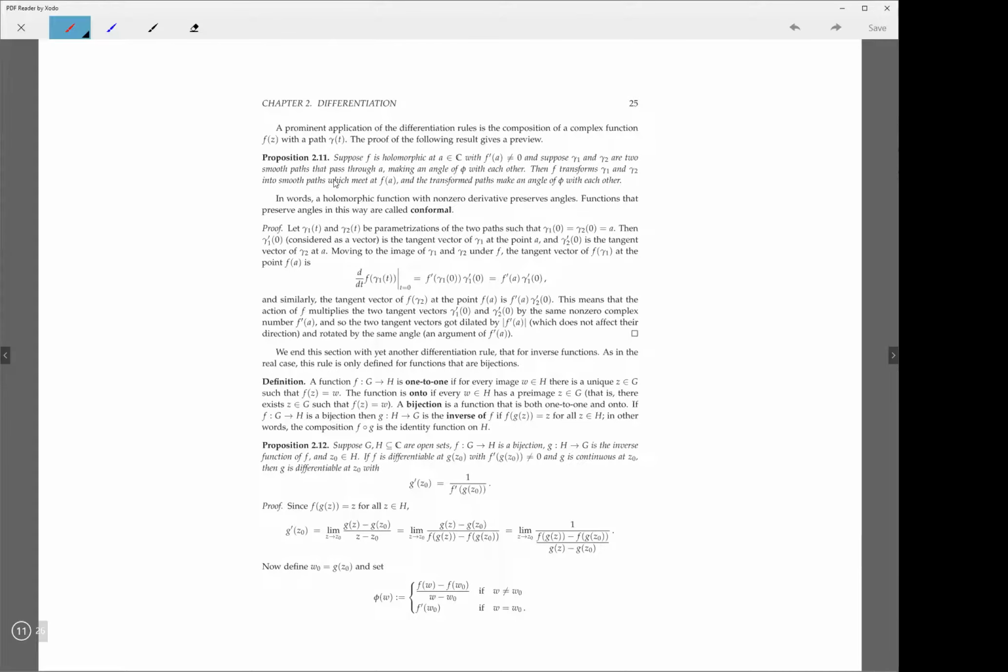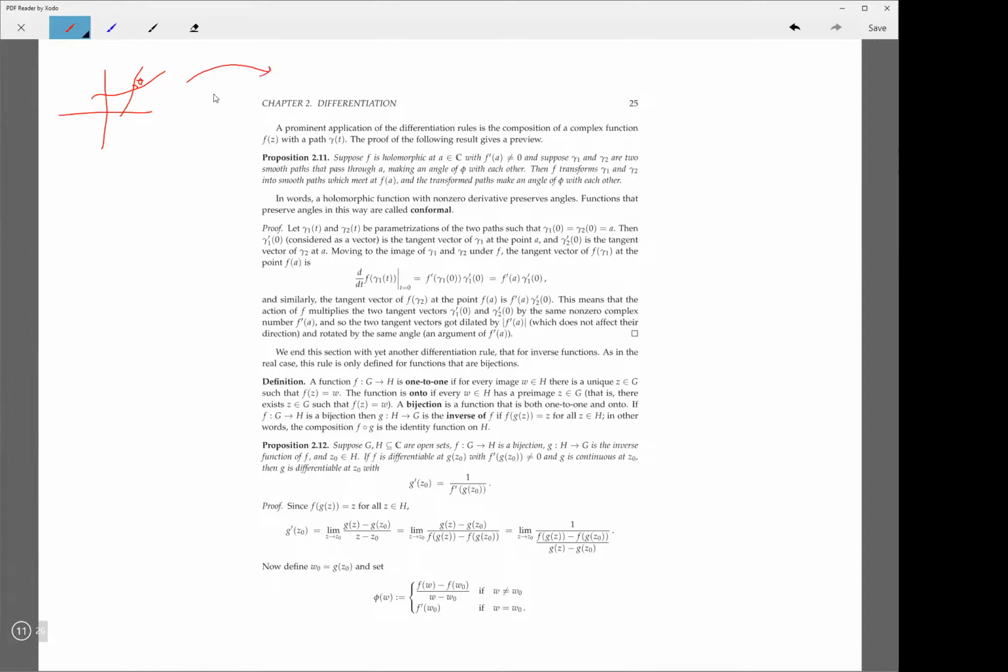This is proposition 2.11. This is kind of an interesting thing. What happens here is, let's say you have a couple of curves and they intersect, that's going to intersect at some kind of an angle, right?